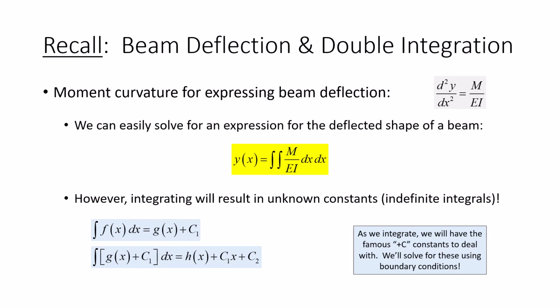Hopefully everybody watched the lecture that I pre-recorded in advance for today. I tried to keep it pretty short, but the whole point of that lecture was really to get at this right here: the second derivative of deflection being M over EI. It's sometimes called Euler-Bernoulli beam bending theory, sometimes moment curvature.